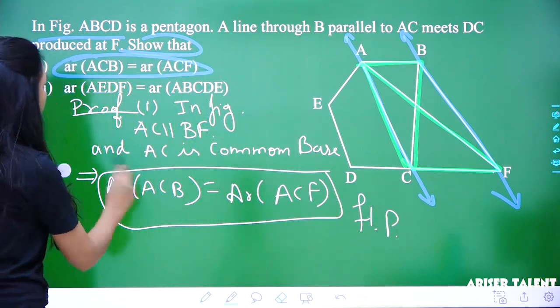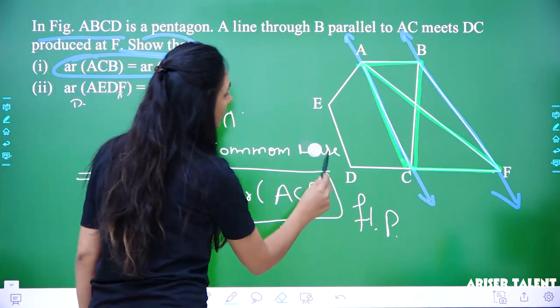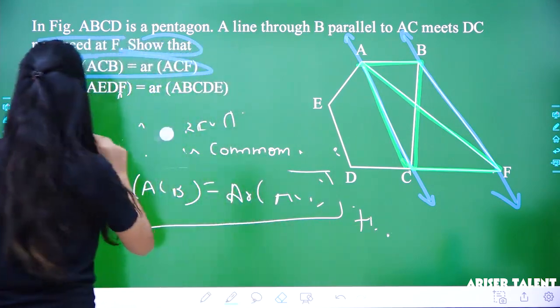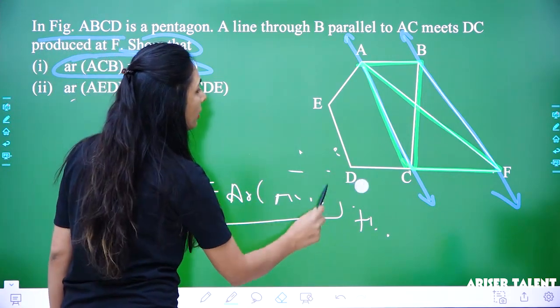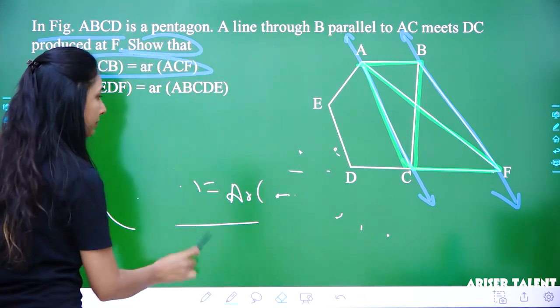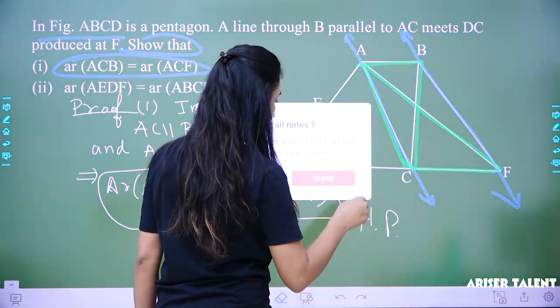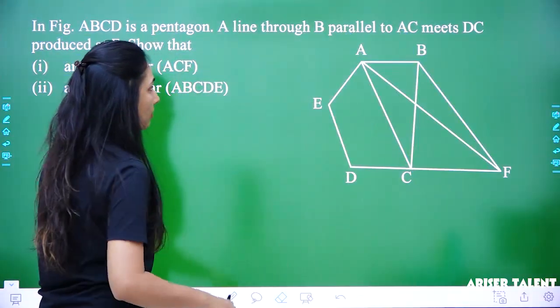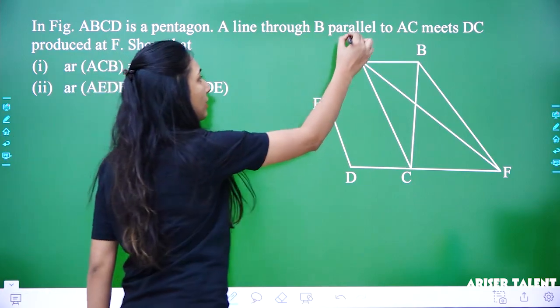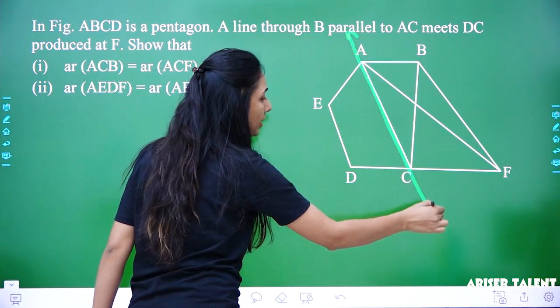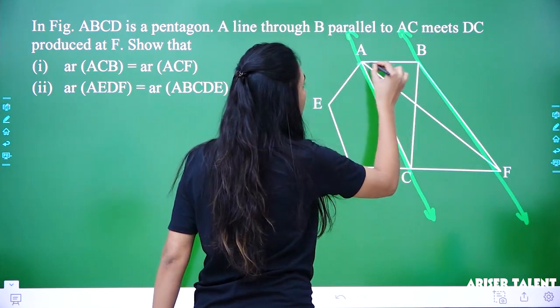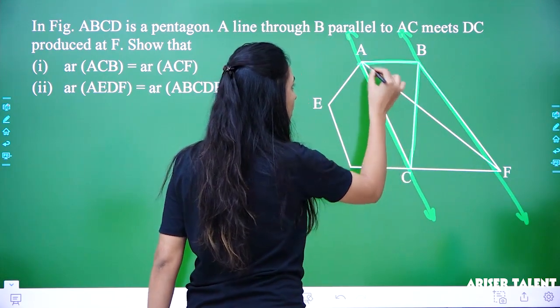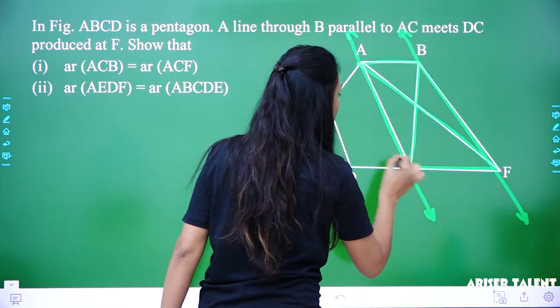So this is the first part which has been proved. Then about the second part. The second part is we have to prove that AEDF, again we have these two parallels, and these two areas are equal to each other.